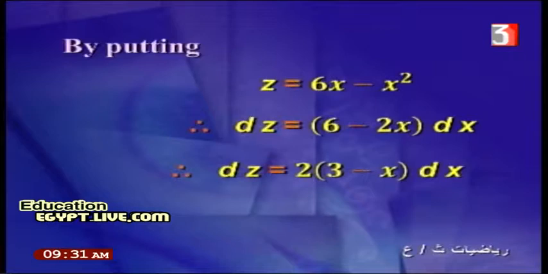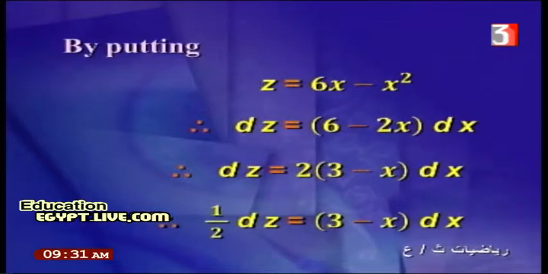Then dz equals the differentiation of 6x minus x power 2, which is (6 minus 2x) dx. We can take 2 as a common factor. Then dz equals 2 multiply (3 minus x) dx. Divide both sides by 2. Then half dz equals (3 minus x) dx.